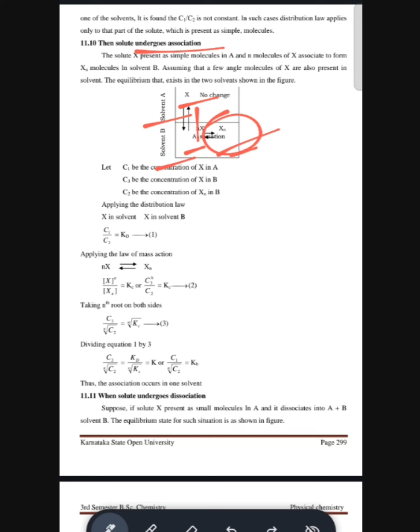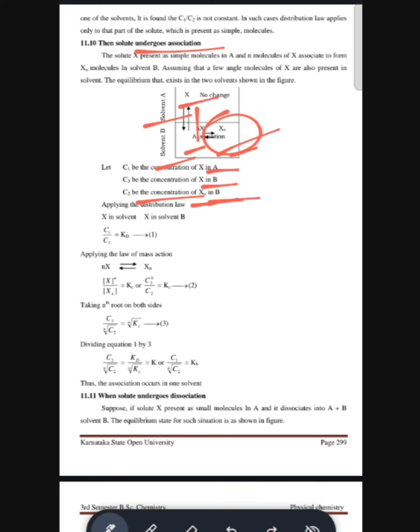So how can it be calculated? Let C1 be the concentration of X in A, C3 be the concentration of X in B, and C2 be the concentration of Xn in B after equilibrium.